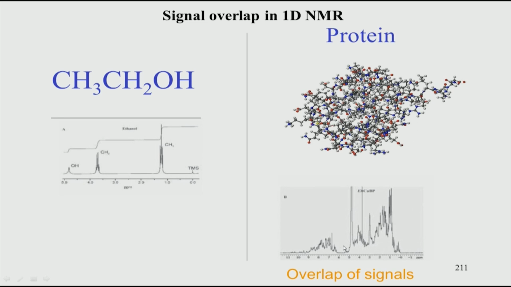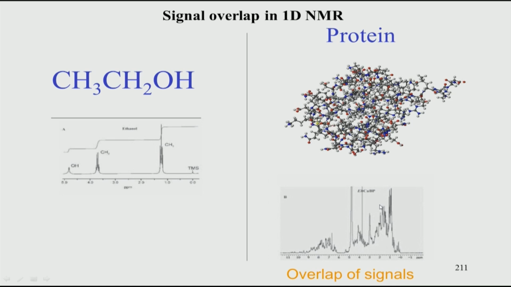So, it is a very complicated spectrum. For such a spectrum, we cannot simply say which hydrogen is coupled to which hydrogen. In fact, we cannot even see the peaks properly. So, to resolve overlaps and get that correlation information, we have to do 2D NMR.